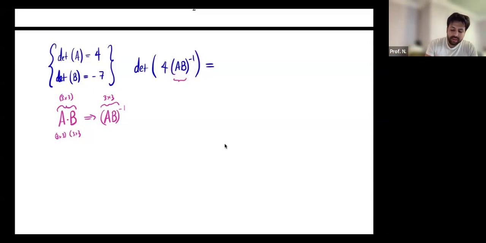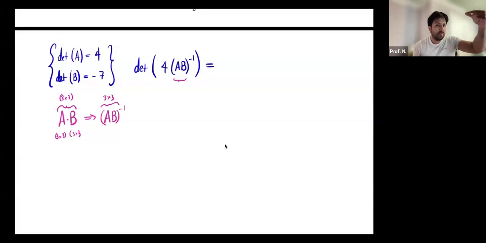And you're multiplying that 3 by 3 matrix by 4. What does this mean again? Every row is multiplied by 4. So what do we know about when you multiply one row of a matrix by 4?